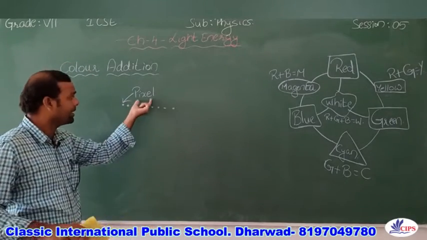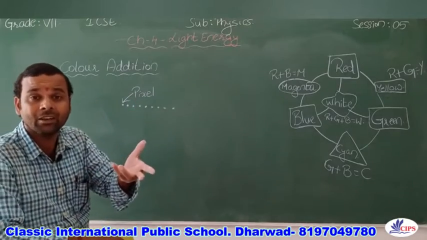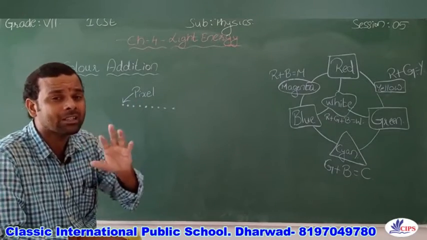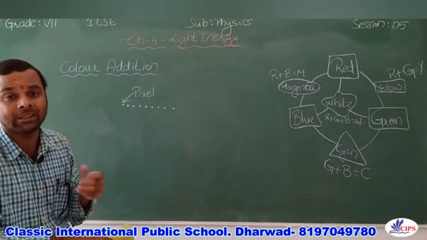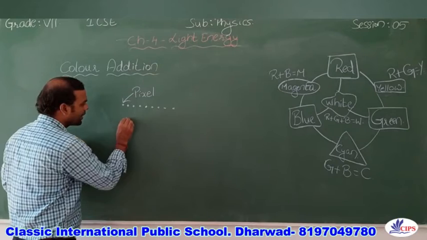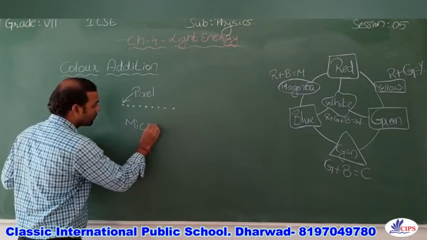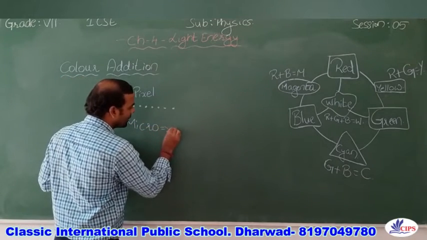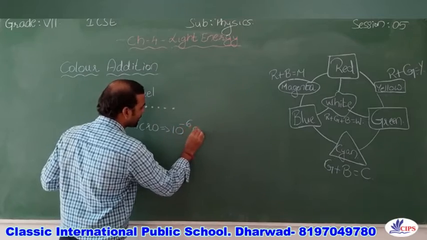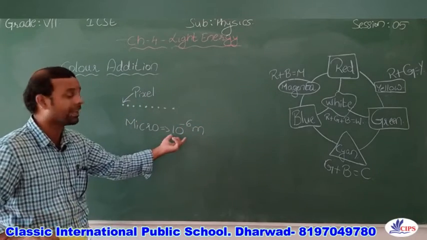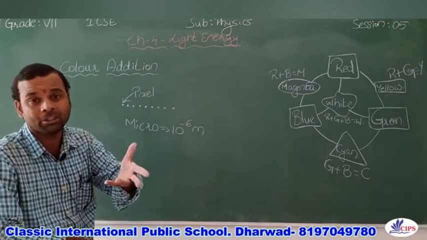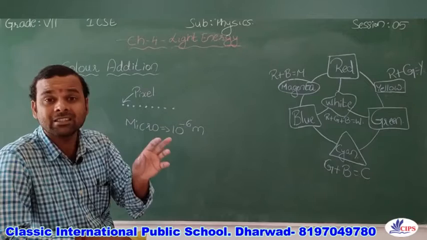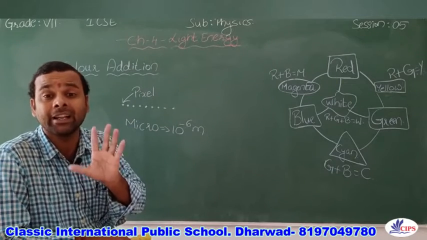Now, these pixels we do not observe because they are much smaller than what we can see. They are almost in the range of micro. Micro means almost 10 raised to minus 6 meters, and at this size or still smaller, it is not possible to see them with our naked eyes.